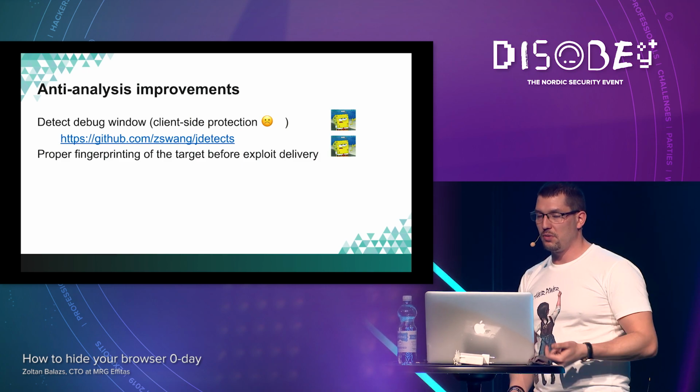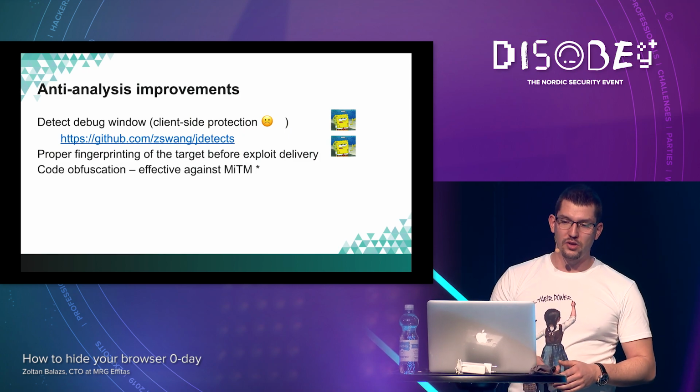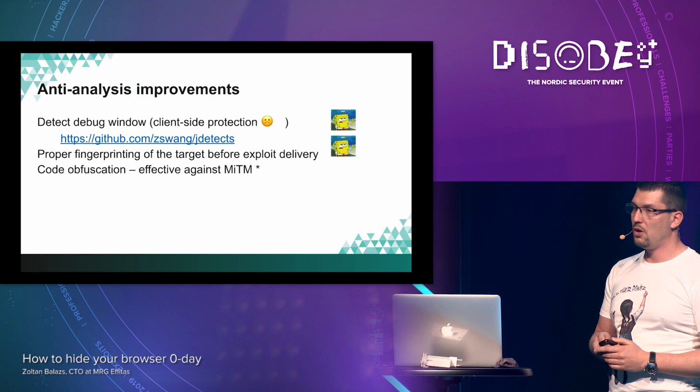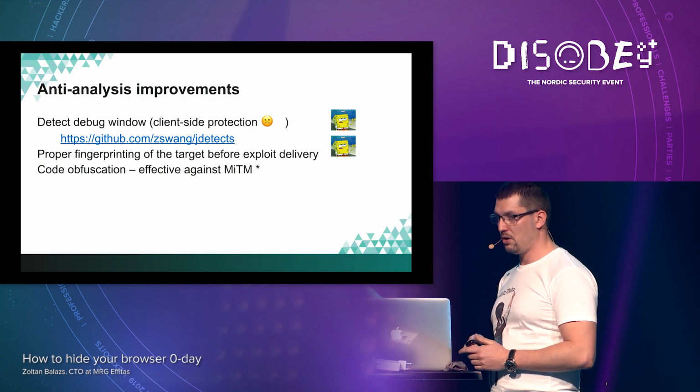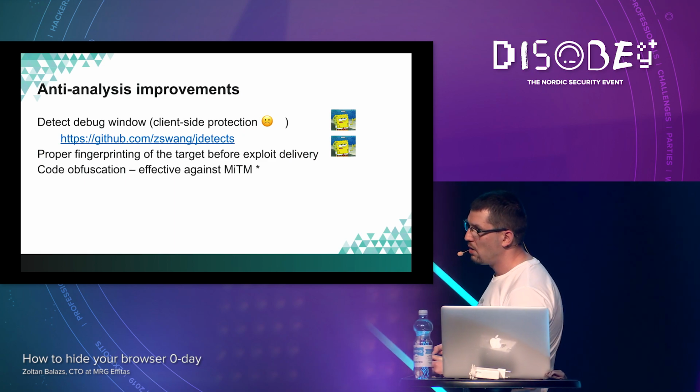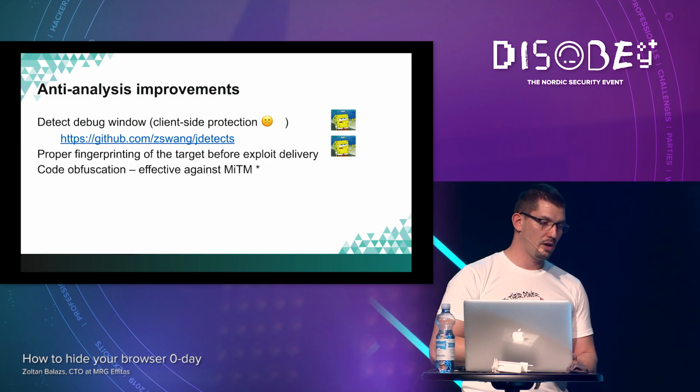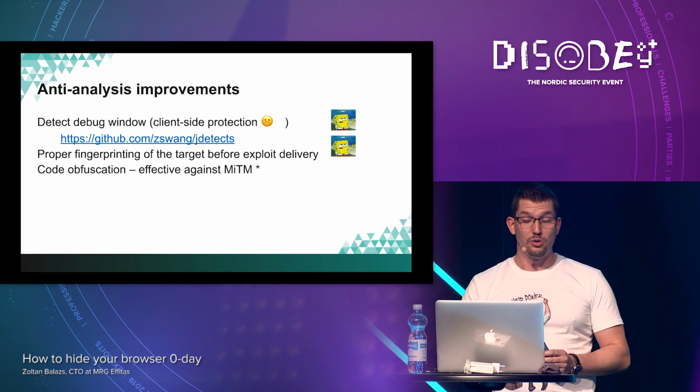But this is target-specific, so of course I didn't implement this. If you do code obfuscation a lot and you add a lot of junk code to your encrypted exploit delivery, again, that can make analysis a little bit harder.